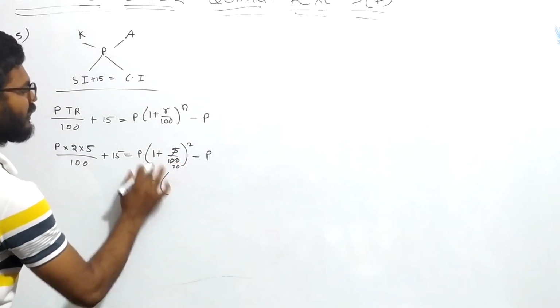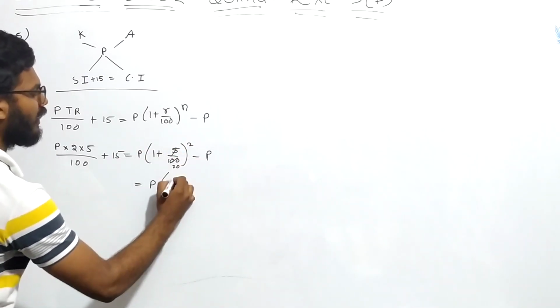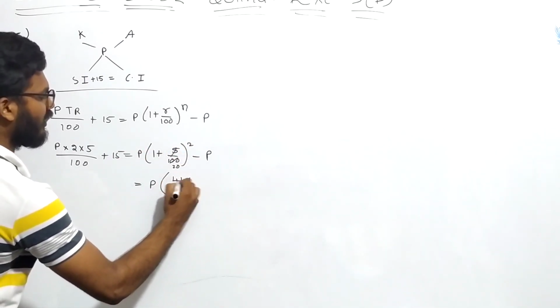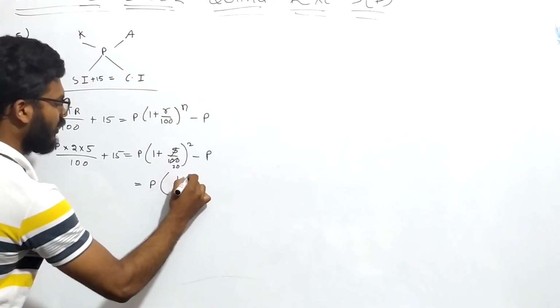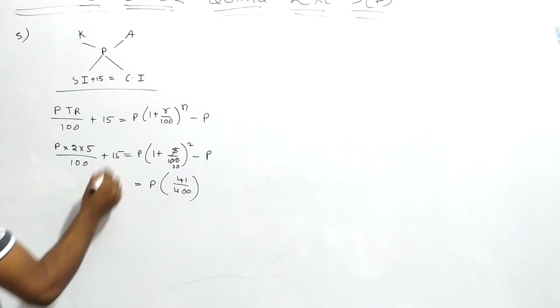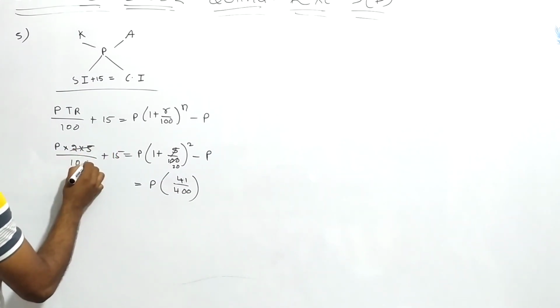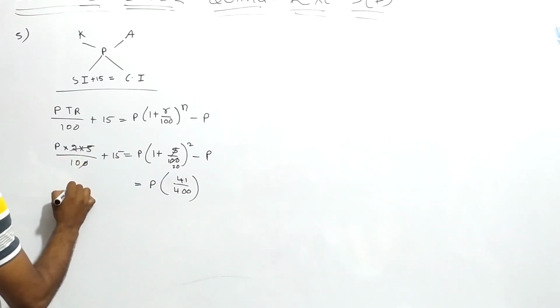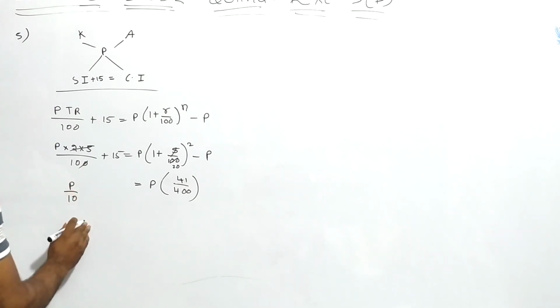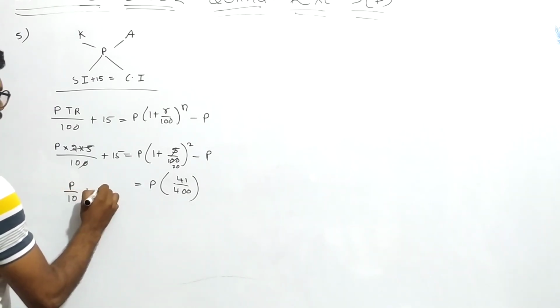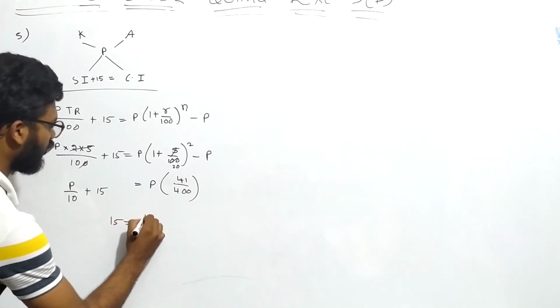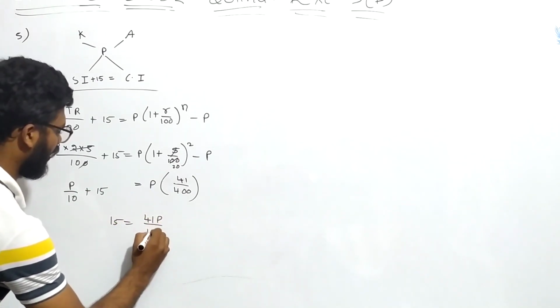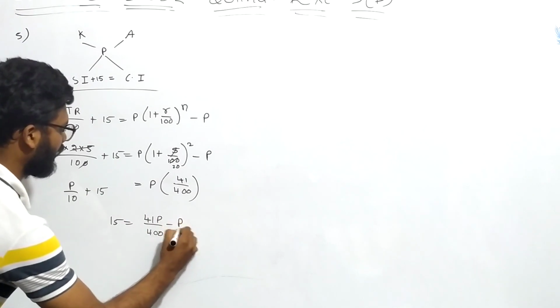So again we did it in the previous problem: 21 by 20 whole square, so 441 by 400 minus 1. So I am writing directly, it is 41 by 400. So here 5 2 is 10, 1 10 will get cancelled. So P by 10 plus 15 is equal to 41P by 400 minus P by 10... so 15 is equal to 41P by 400 minus P by 10.